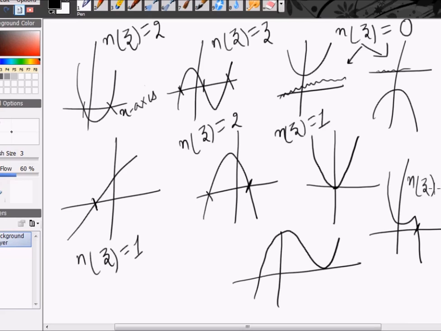Therefore, number of zeros equal to 1. Now, in the last case, the graph cuts the x-axis at a single point and touches the x-axis at one point only. Therefore, number of zeros equal to 1 plus 1, that is 2.